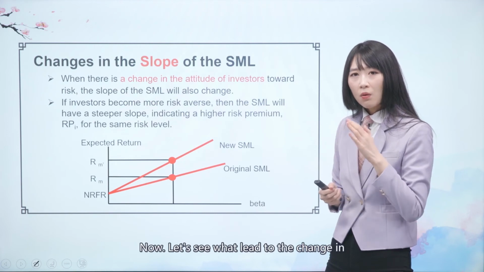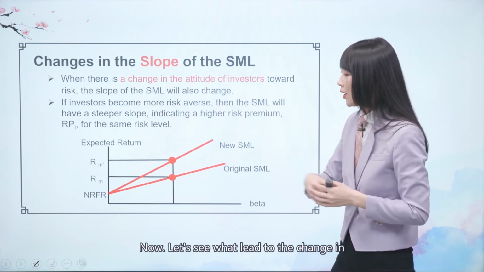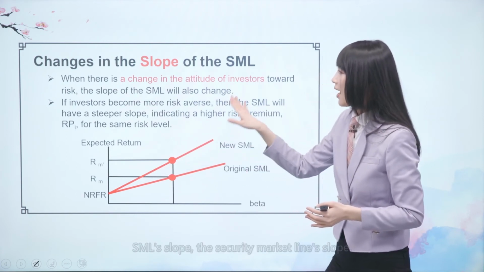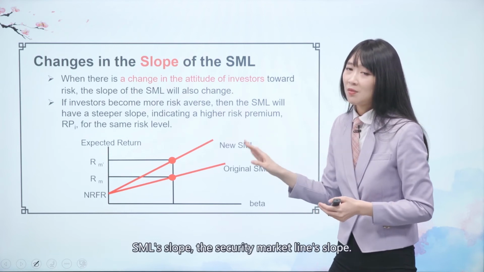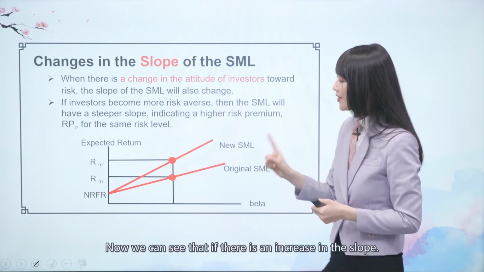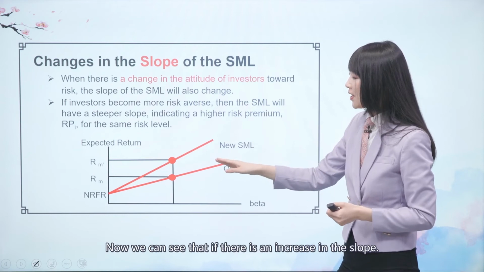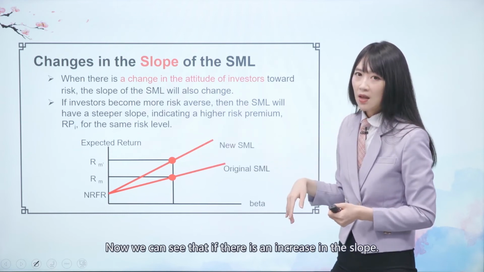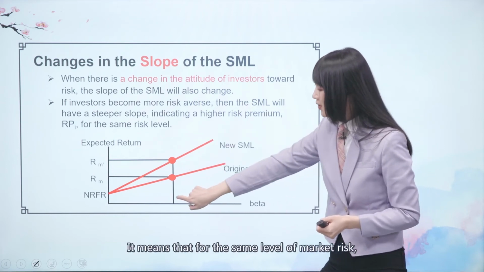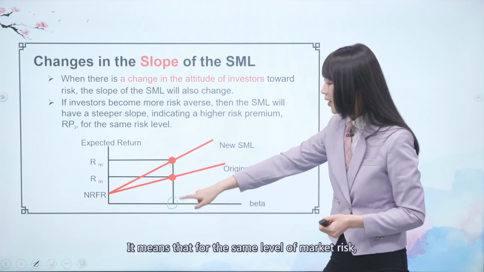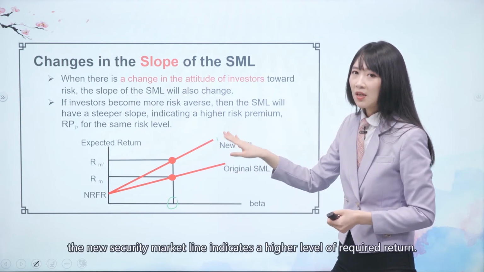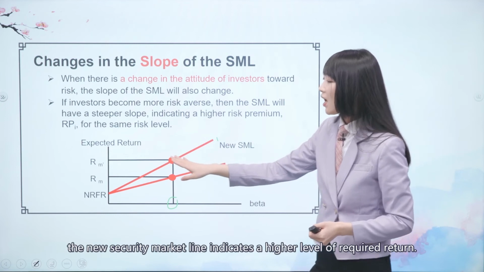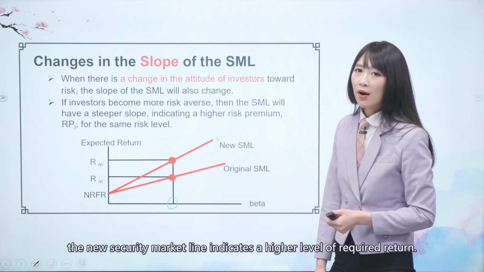Now, let's see what leads to the change in the SML's slope, the security market line slope. If there is an increase in the slope, it means that for the same level of market risk, the new security market line indicates a higher level of required return.